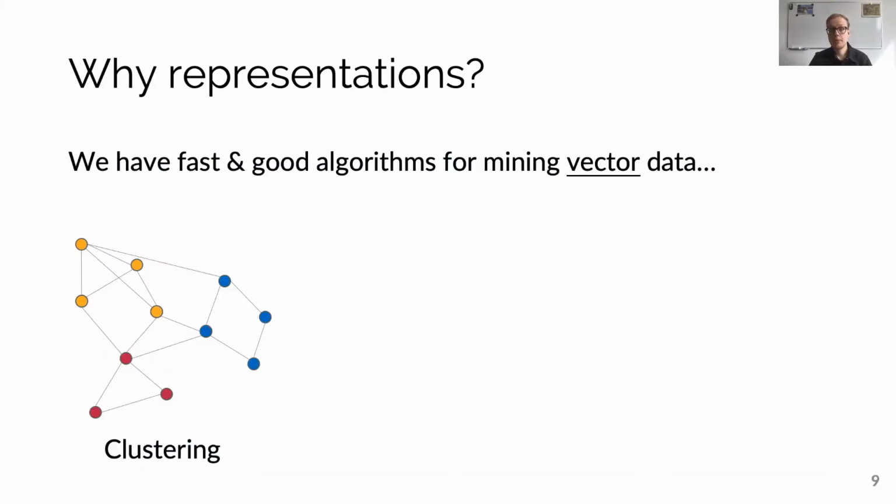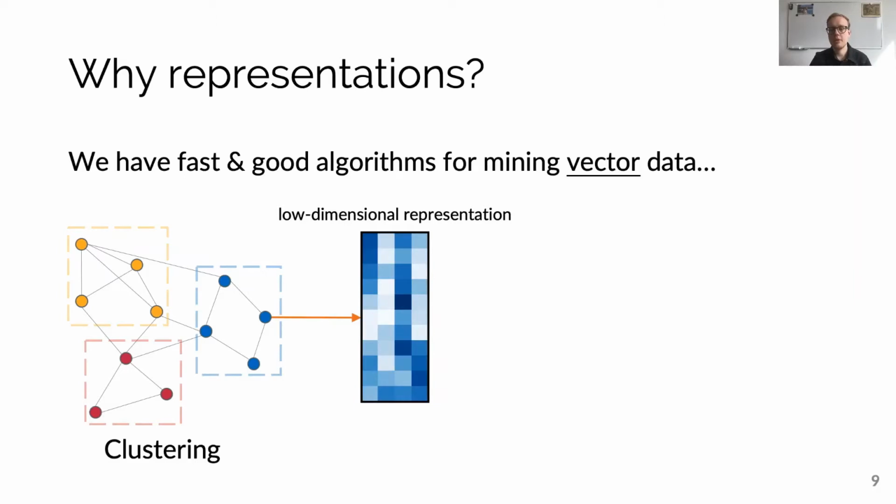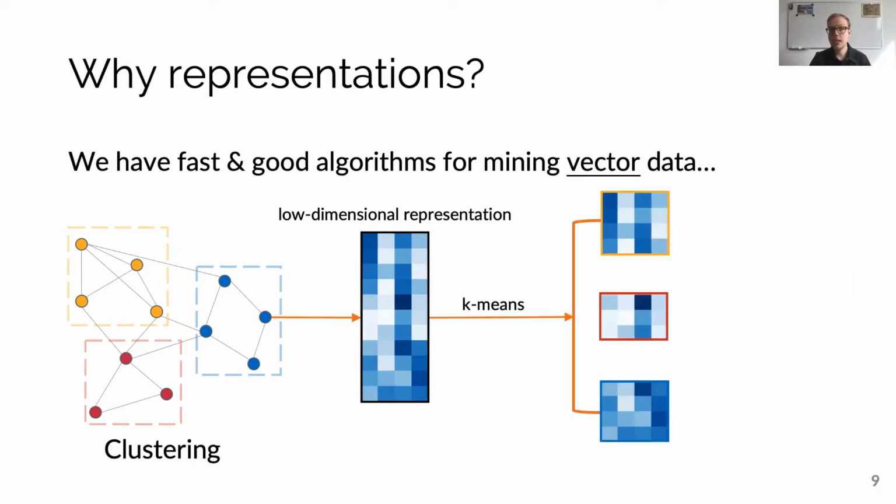For a concrete example of how embeddings would help us solve a task, say we have a clustering task at hand. We would have a graph and we would want to obtain some clusters for these groups of nodes, but we want to do that through some learned representations. So we have some low-dimensional representation, then we would just slap k-means on top of that and get the same clustering output as we would have with a sophisticated graph clustering algorithm.